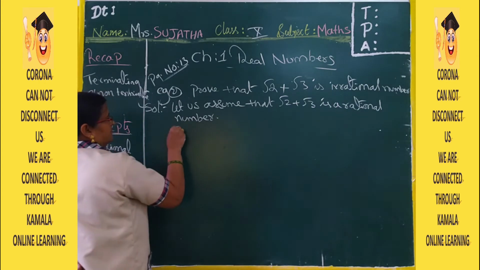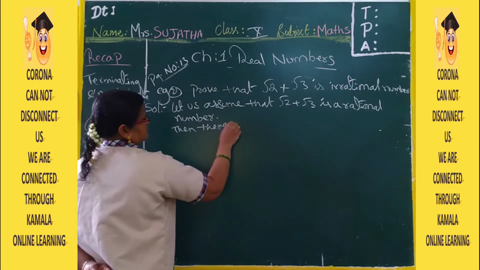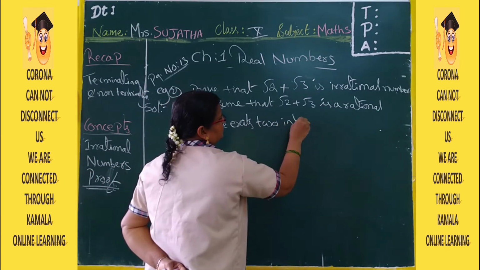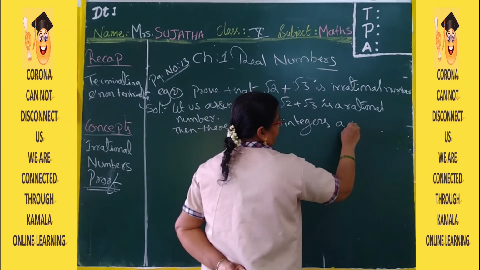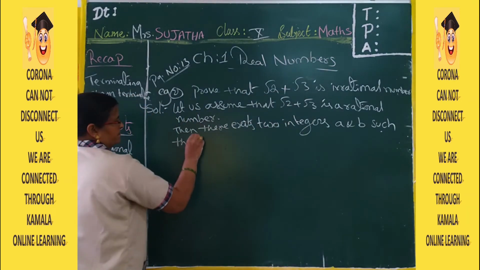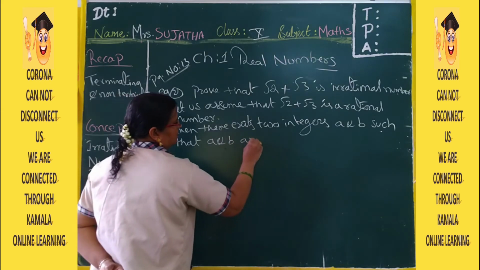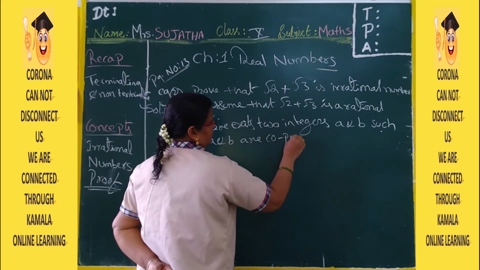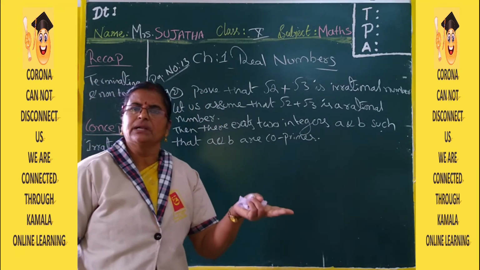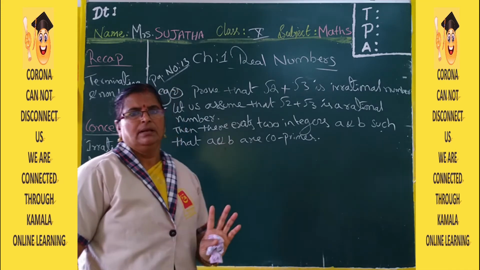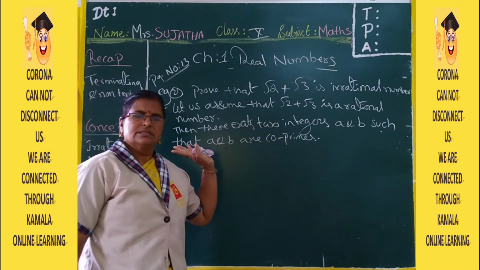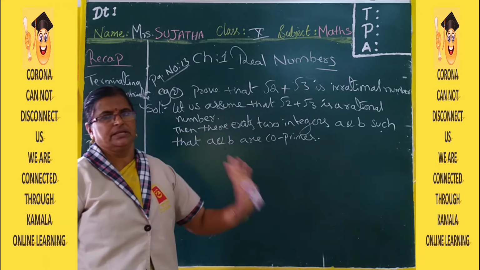There exist two integers a and b such that a and b are co-primes. These two lines you should write for each and every problem, whether it is a 1 mark, 2 mark or 4 mark sum.